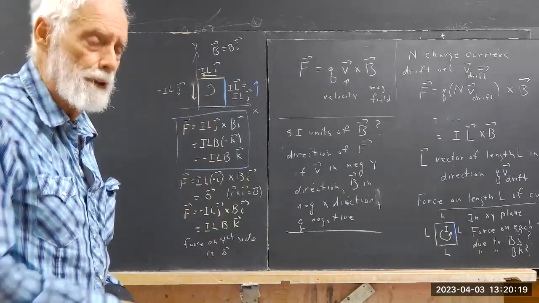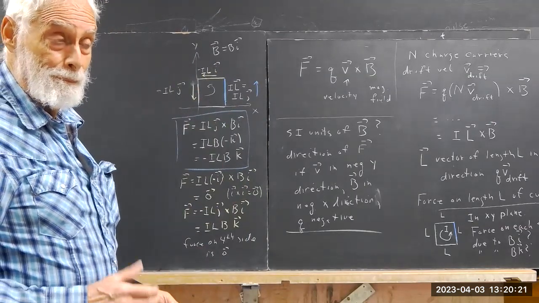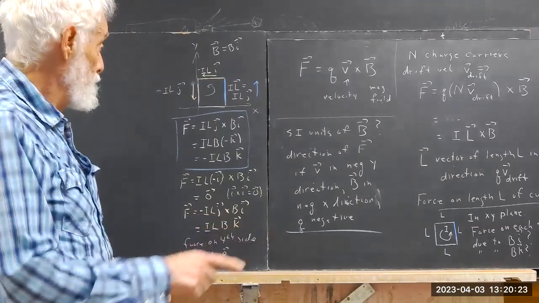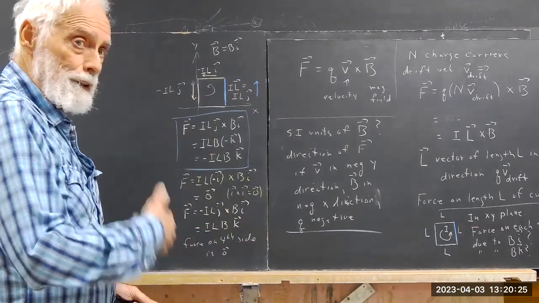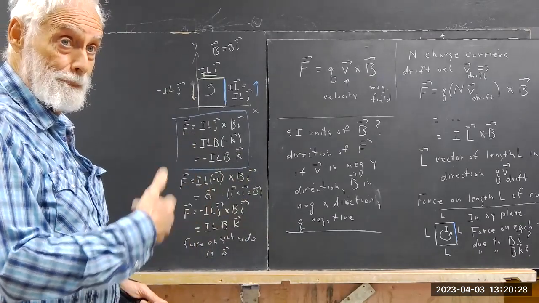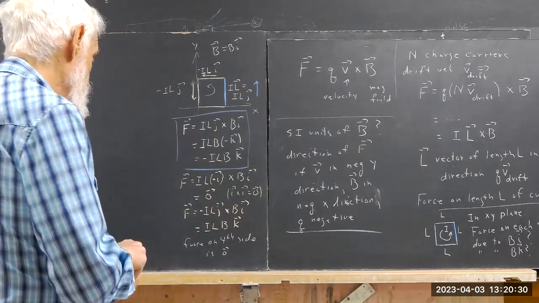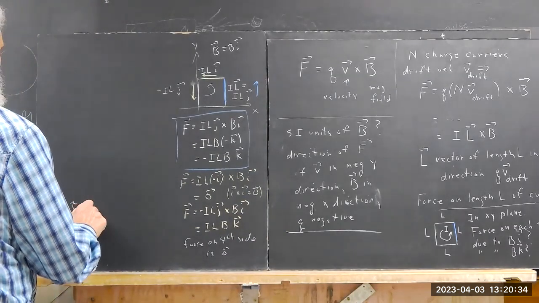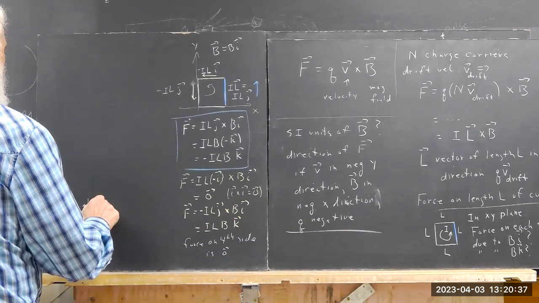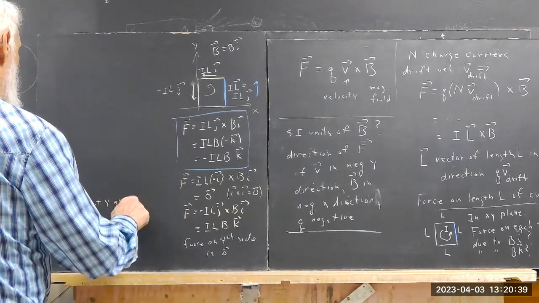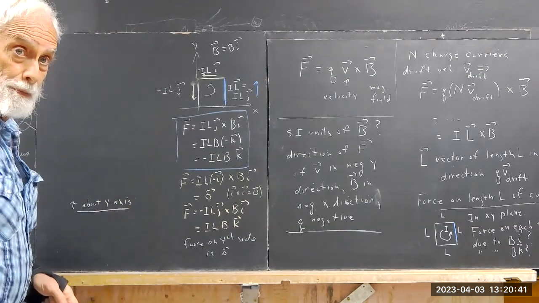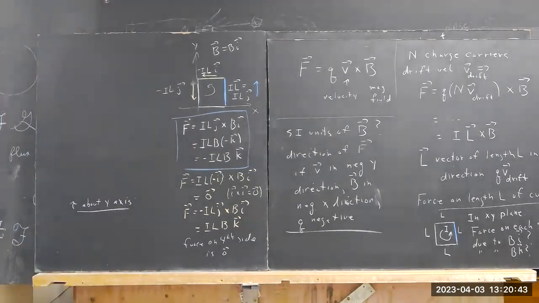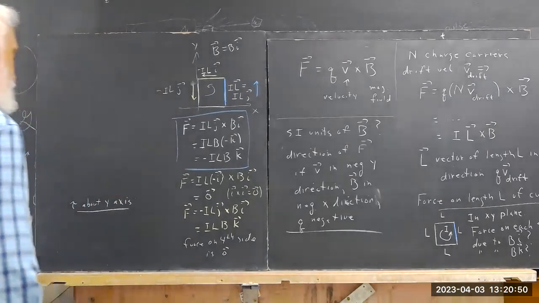I cross K, so negative I cross K, which is going to be J direction, so it's a torque about the y-axis. This is important for generators.